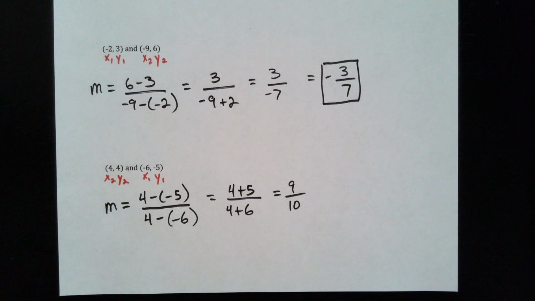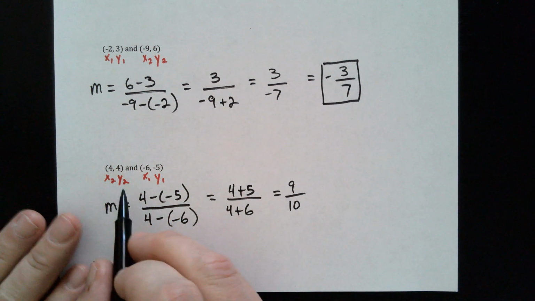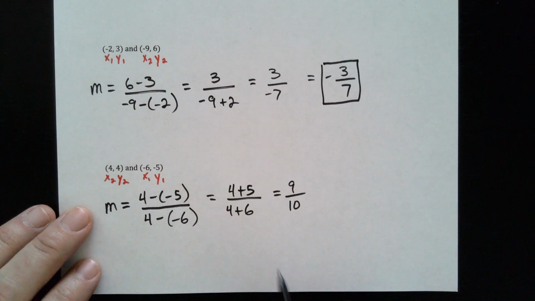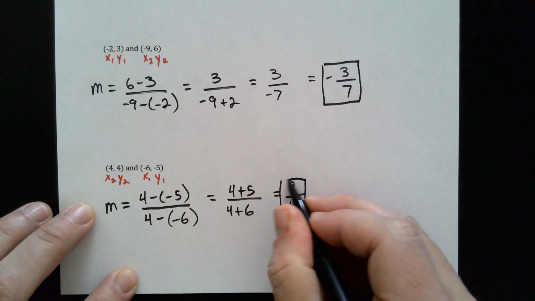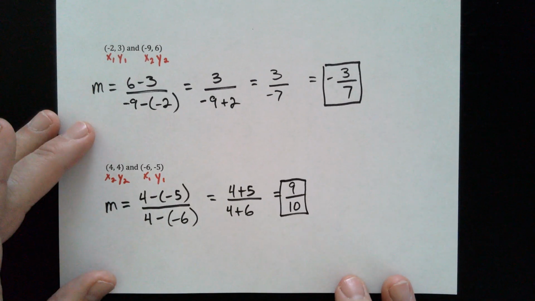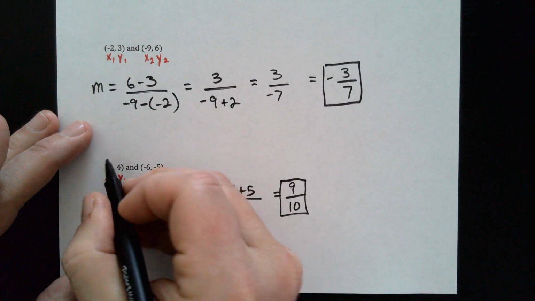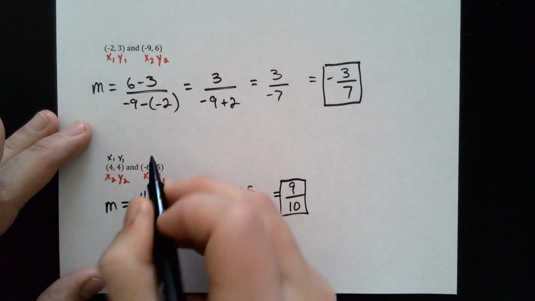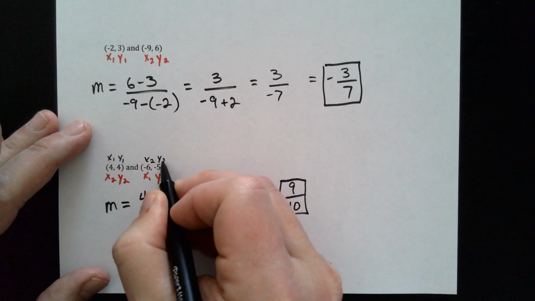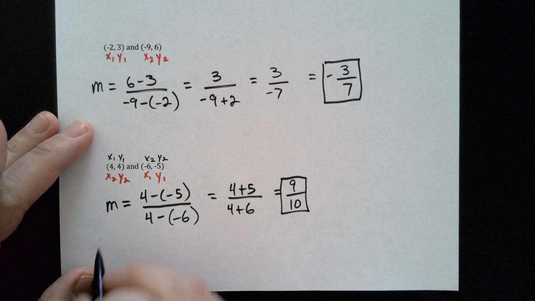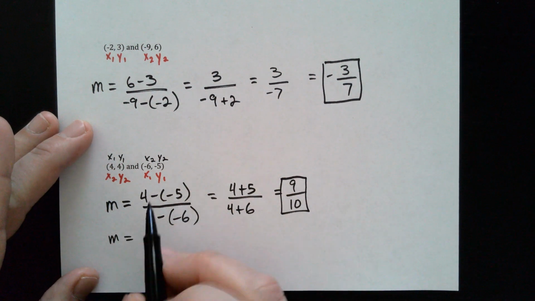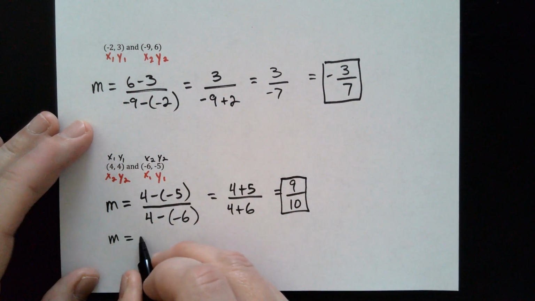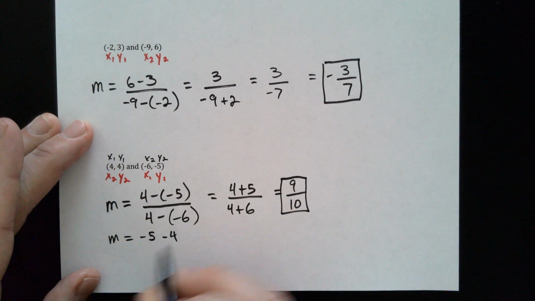Okay, and quickly I'll show you the other way. Let's pretend that we labeled them the opposite of what we did. This is the answer, so you can stop here if you understand what's going on. But if we label them differently, let's say that I label this x1, y1, and x2, y2. Let's show that it comes out as the same answer. So m is equal to y2 minus y1, so negative 5 minus 4.